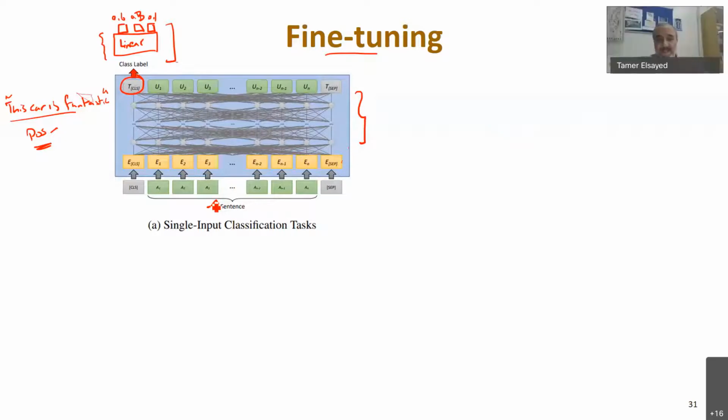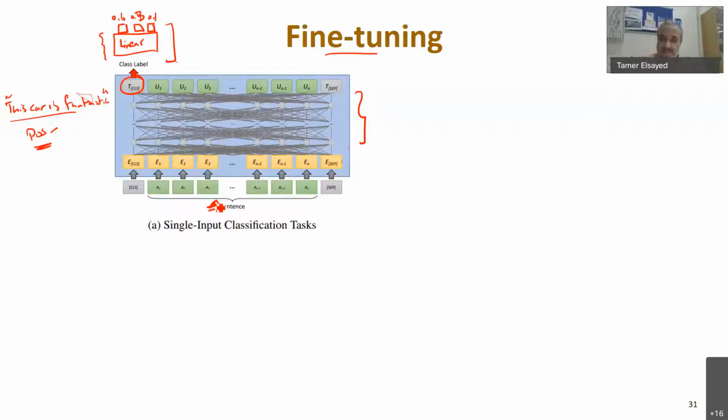Exactly. So you will pass the sentence to the original BERT model or the fine-tuned model? The fine-tuned model, because it is an updated version of the pre-trained model, updated for your task.